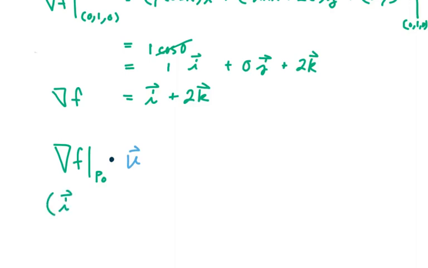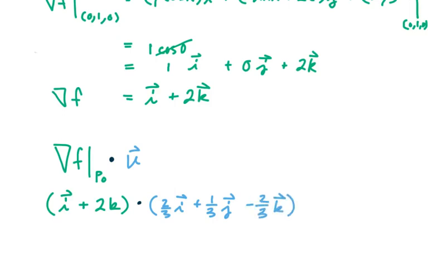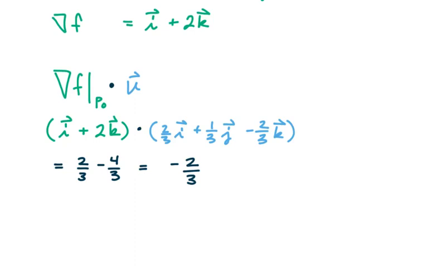So we have i plus 2k dotted with 2/3 i plus 1/3 j minus 2/3 k. And that dot product gives me 1 times 2/3, 2/3, 0 times 1/3 is 0, and 2 times negative 2/3 gives me negative 4/3. So this simplifies to negative 2/3, which provides my directional derivative.